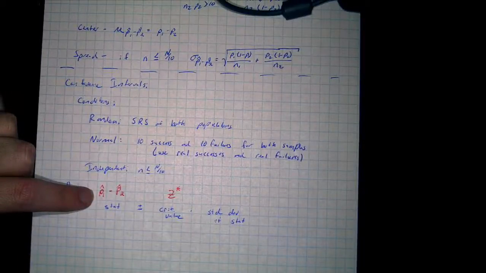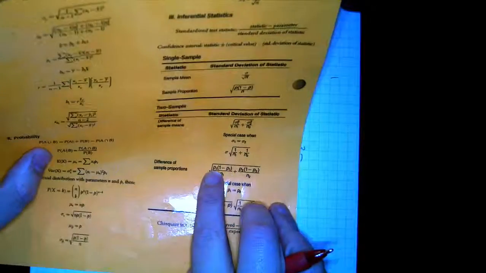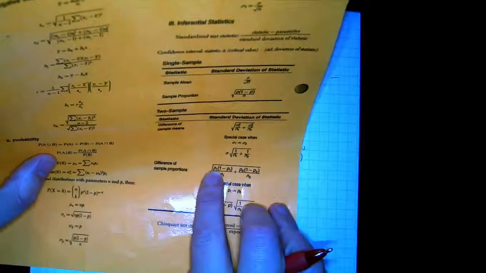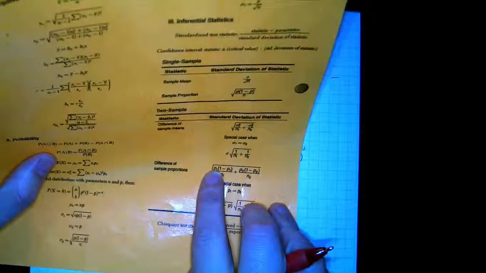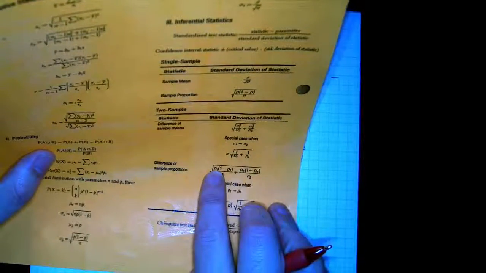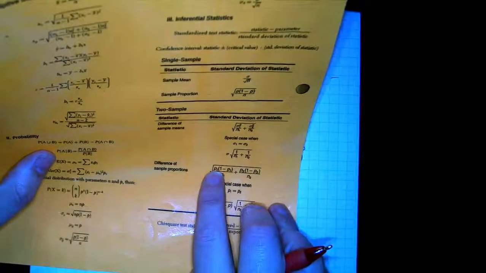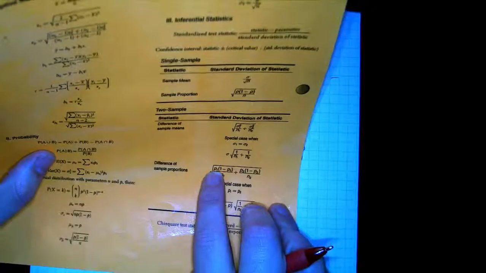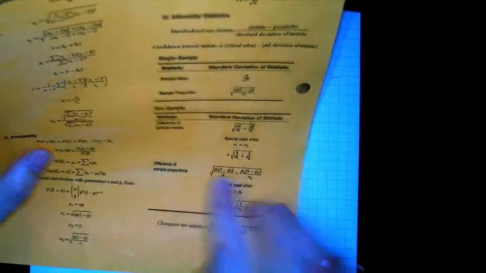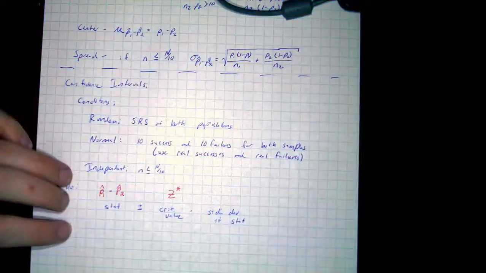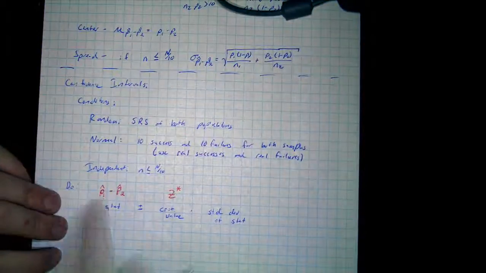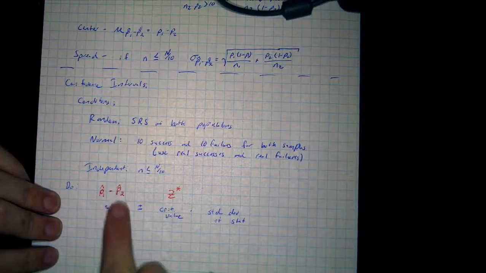Does this make sense? Those of you that are not following this, see, my formula says P1. But if I knew what P1 was, I wouldn't need an interval for it. It's kind of silly to use a formula to guess something, because if I knew it, I'd just tell you what it was. So my best estimation for P1 is P-hat 1, and for P2 is P-hat 2.